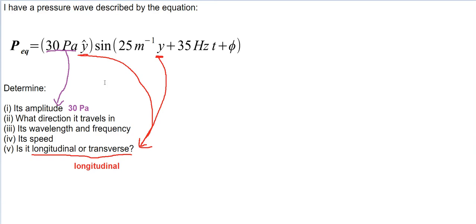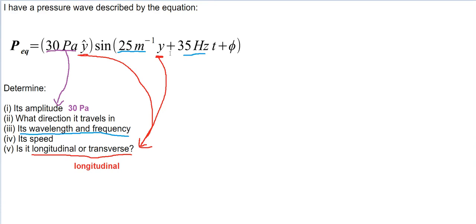Now, when we're dealing with the rest of them, we actually need to start examining more in depth our mathematical function. Now, I'm actually going to start with number 3 now, this one here. Its wavelength and its frequency. Now, in this particular equation, we do have two numbers, one associated with our distances and one associated with our times.